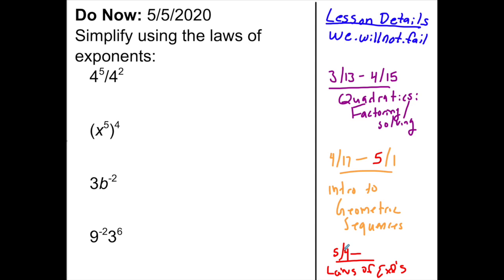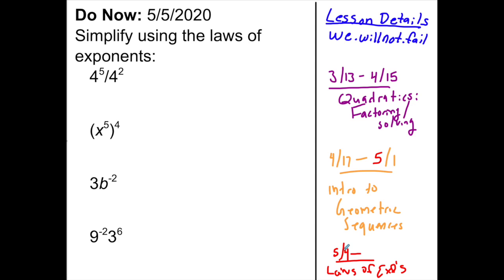We talked recently about the laws of exponents. If you're stuck on those, I do recommend taking a look at the lesson materials for May 4th, 2020, yesterday. We're going to use the laws of exponents to simplify the following four expressions: 4 to the 5th over 4 squared, x to the 5th to the power of 4, 3b to the negative 2, and 9 to the negative 2 times 3 to the positive 6.